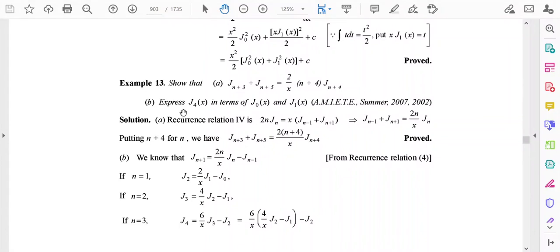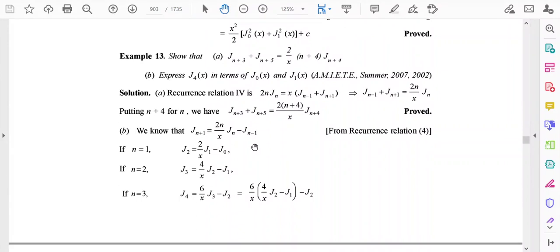And express J4(x) in terms of J0 and J1, although we have already discussed in an earlier lecture how to reduce the J terms. For this purpose we have to use recurrence relation 4, because this relation shows how the higher J values can be reduced to the lower J values.